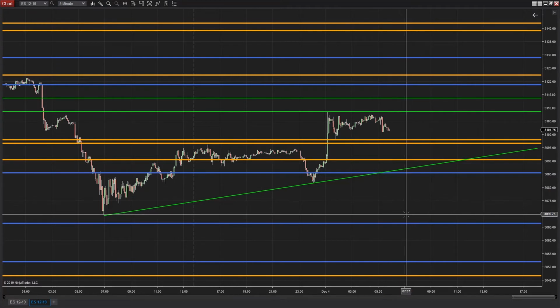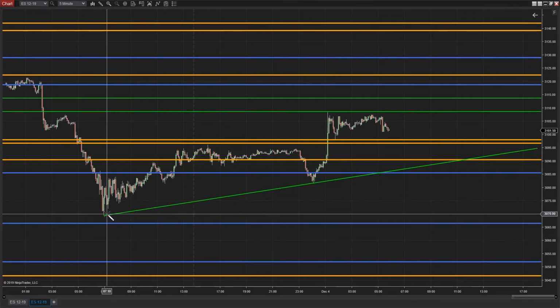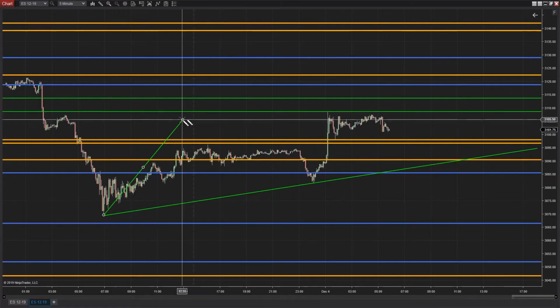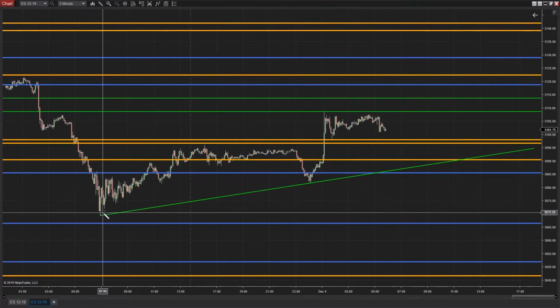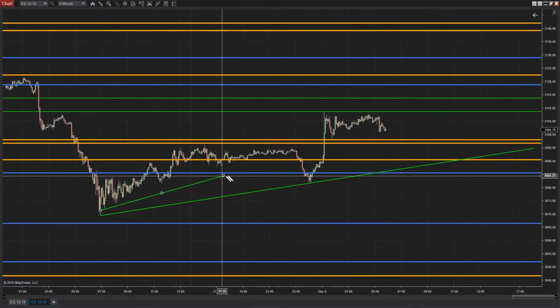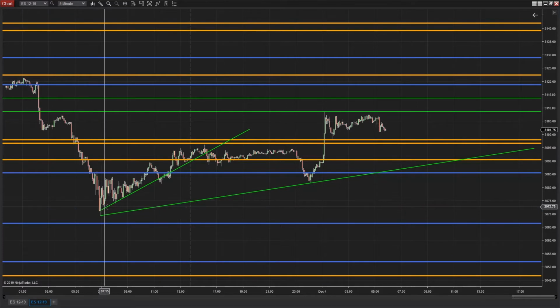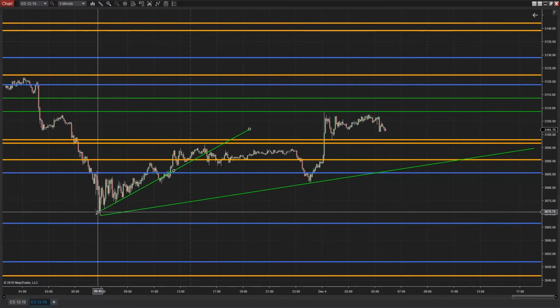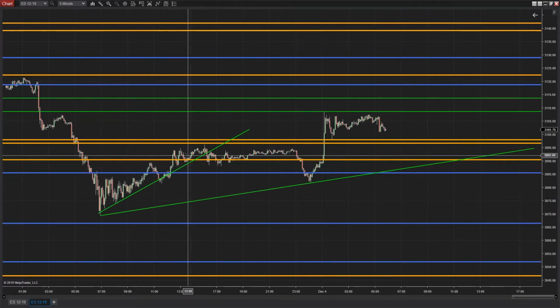Now, I'm not a big trend line draw person. I don't live and die by these things. I know some traders do, but there are times it's useful. So if you come off of this one right here, this should be pretty obvious to anybody trading yesterday, you can see this is a steady increase on the way up.